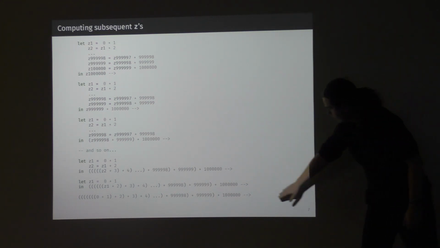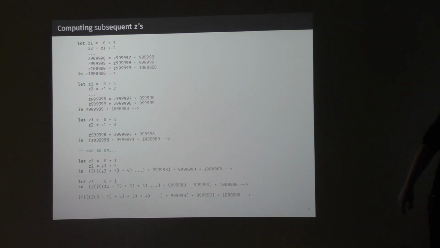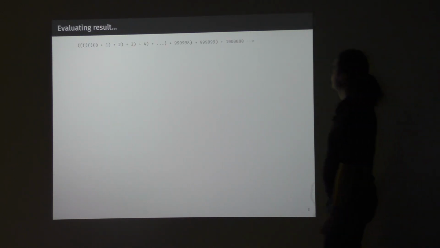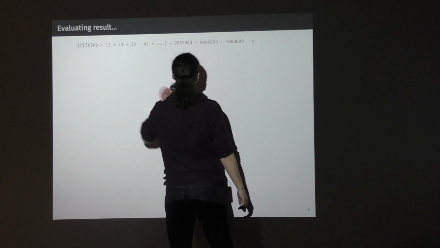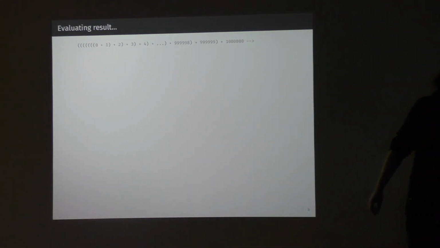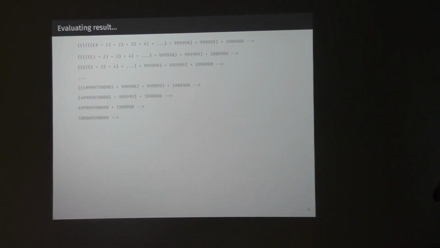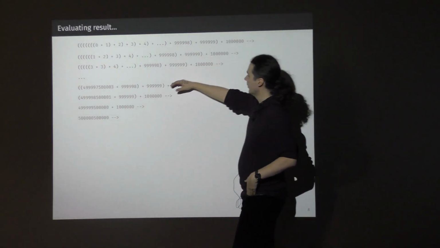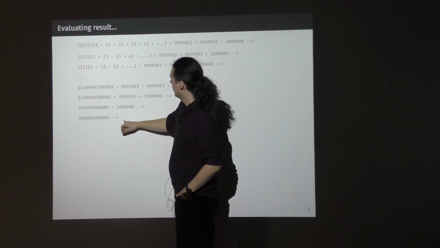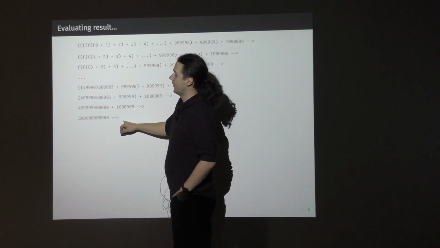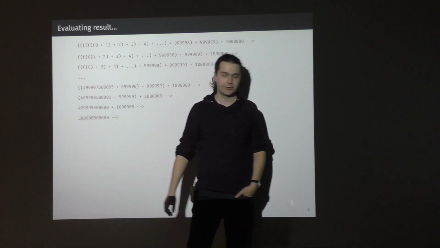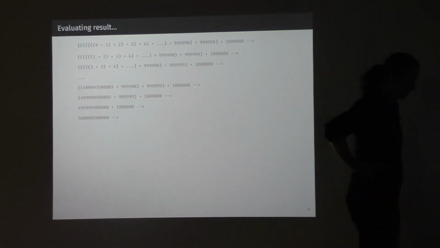So when we are here, then we can actually start computing things, starting from here. So 0 plus 1 is 1, what's left is 1 plus 2, and so on, and so on. And if we have enough memory, we end up with this result.